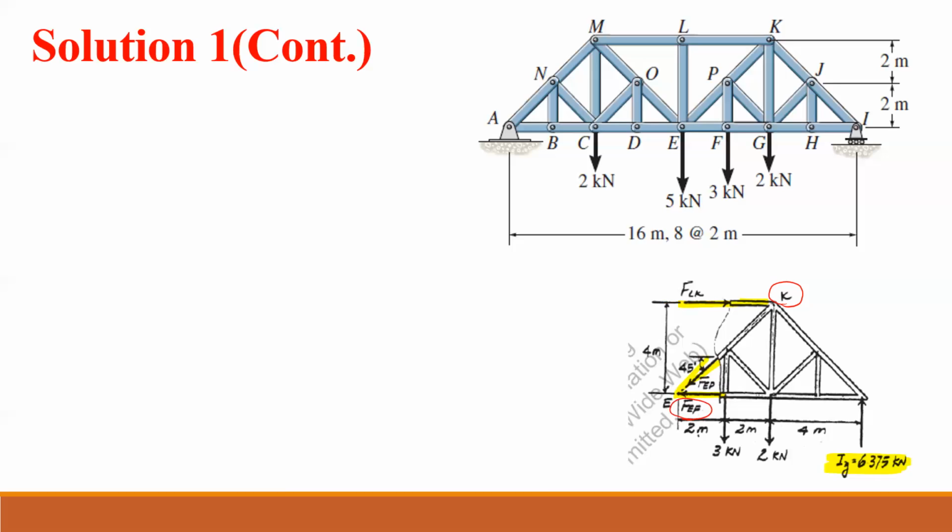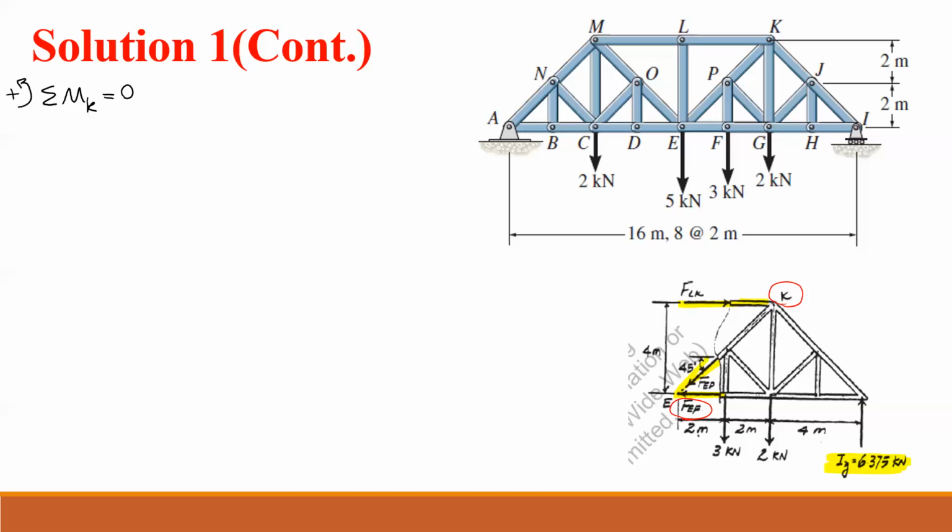Maybe somebody else wants to take the moment about E. Again, it's a good point. Why? Because these two forces pass through E and don't have any moment, so I can solve for LK. Both of them are correct, and we're going to use both. Let me write it down. Sum of the moment about K equals 0.